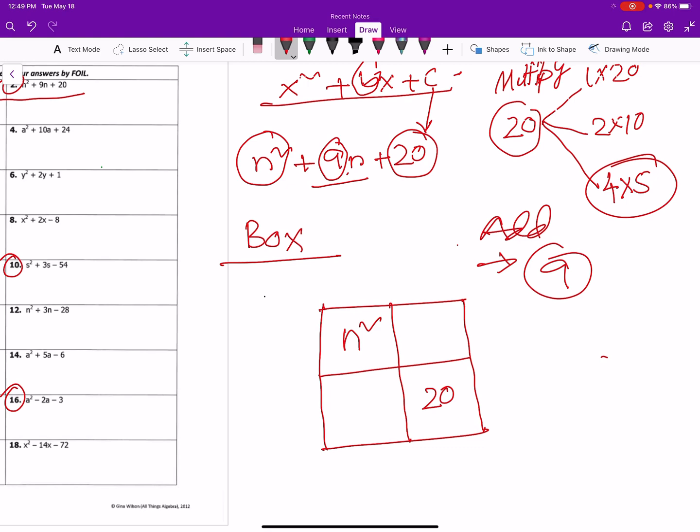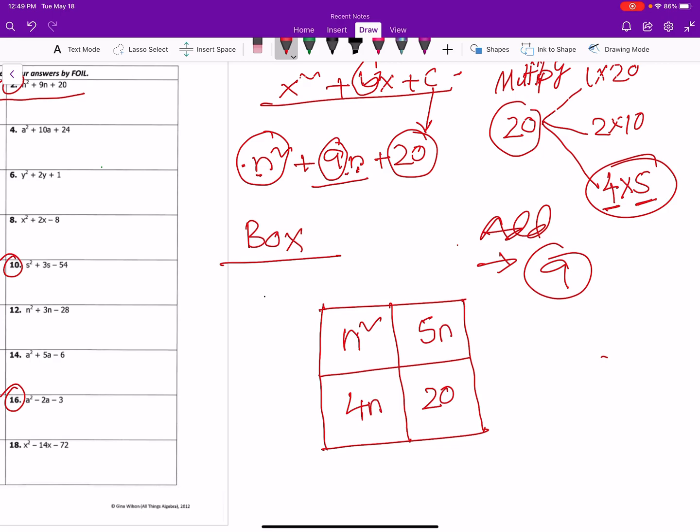What did we say here? 4 and 5. They add up to 9 and multiply to 20, the constant. So you write 4 and 5. Now you know that these are basically with the variable n, so we add n over there.